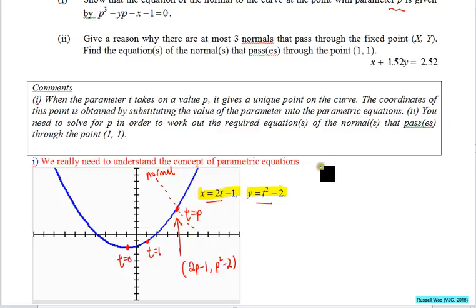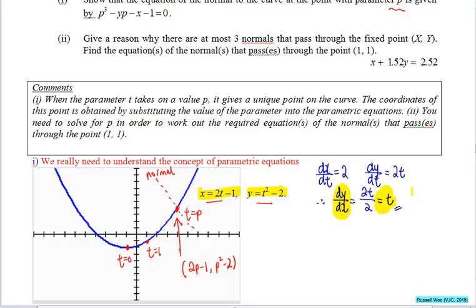Since x is this, I can find this one quite easily, most of us can do. dy/dt is 2t. Therefore, dy/dx is 2t over 2. You get t. Now then we try and make sense of this. dy/dx equals t. Actually very simple to understand.